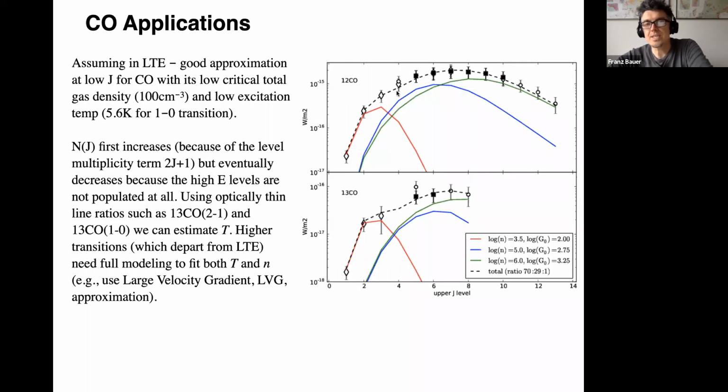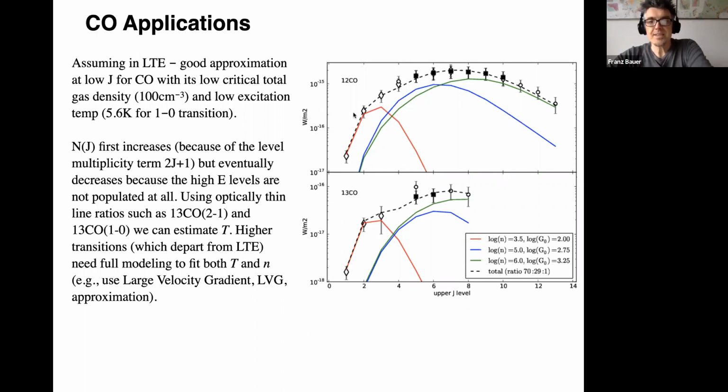For a given density of material, statistical weight and excitation temperature, you would have one population with a density of 10 to the 3.5, which, if it was just that gas, would give an excitation curve, or this is called a CO sled, an emission line diagram.